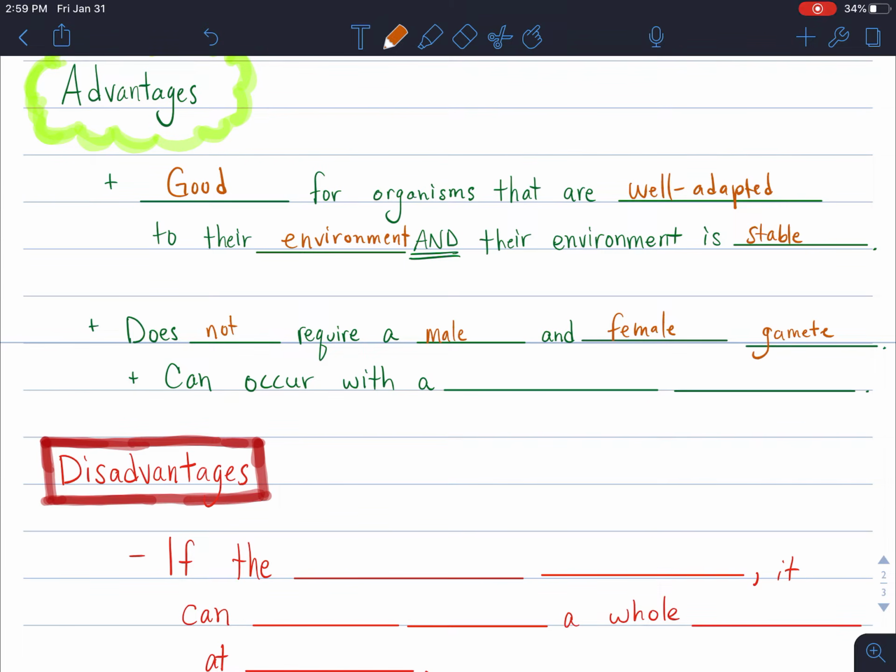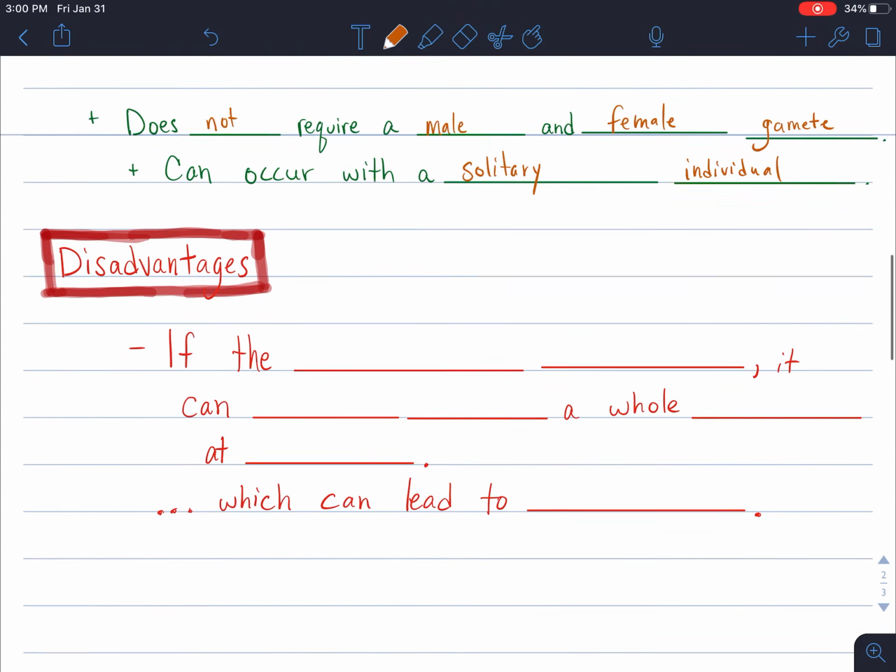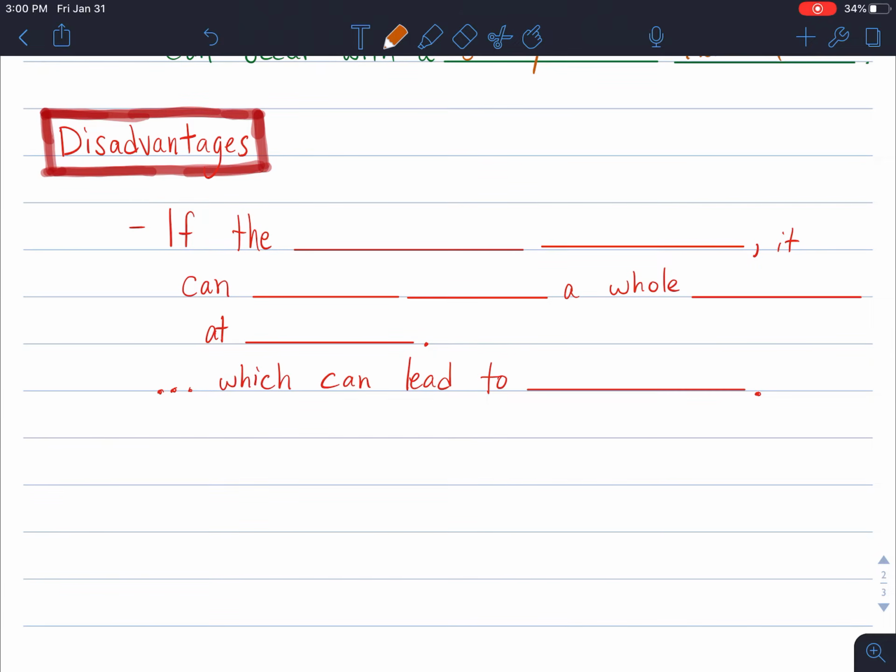So in this instance of asexual reproduction, it can occur with a solitary individual. So it only takes one organism to reproduce when it comes to asexual reproduction. It can just make a copy of itself, essentially. Yet there are some disadvantages.